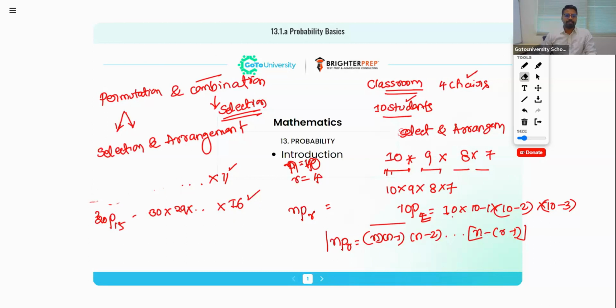I cannot expand like this, right? At least I need to make it look simple. So if it is 100 students and 40 chairs, I can go till what number? 100 minus 40 minus 1, that is 100 minus 39, 61, right?